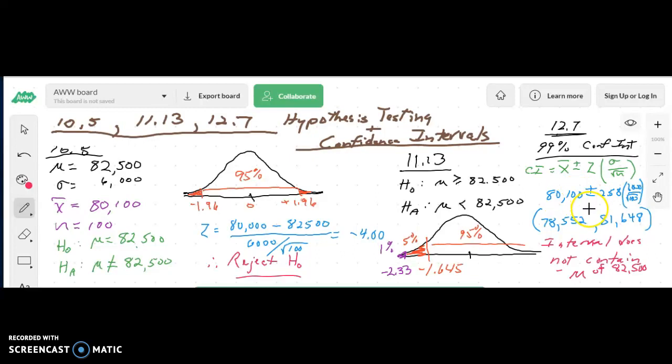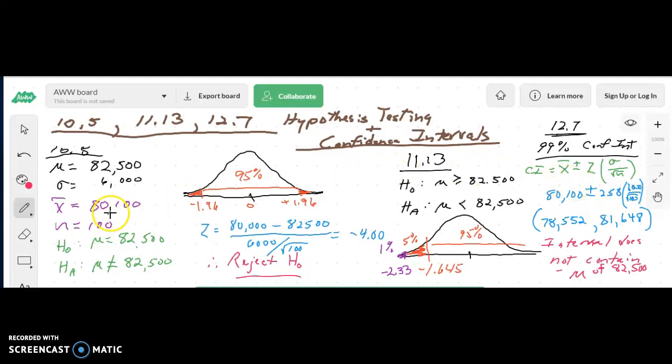And you'll notice here, 80,100 is between exactly these two values. When I did 80,100 plus this, I got 81,648. When I did 80,100 minus this value, I got 78,552. And how that is interpreted is this.